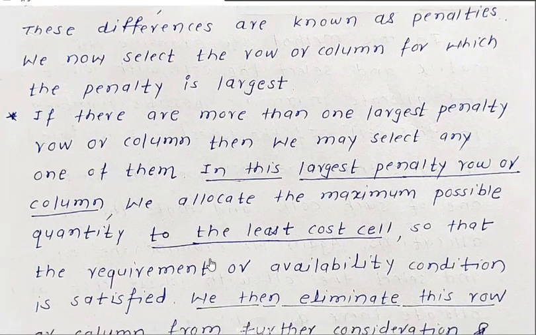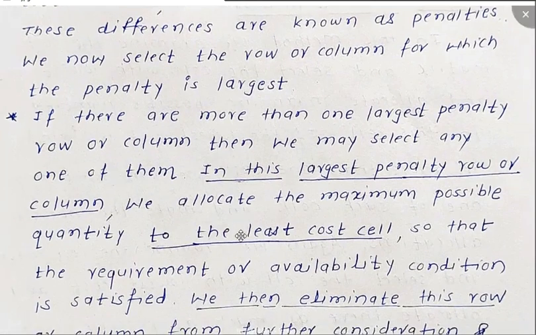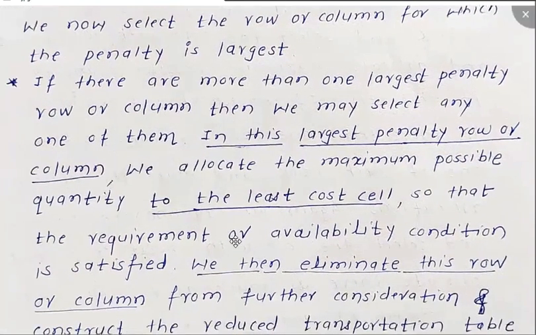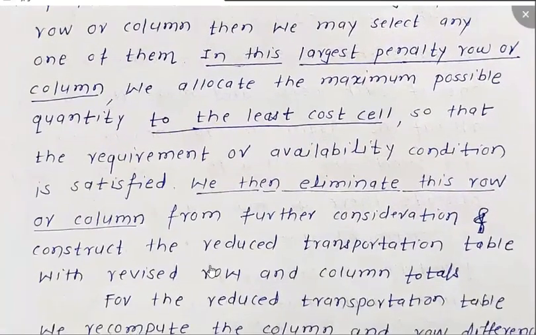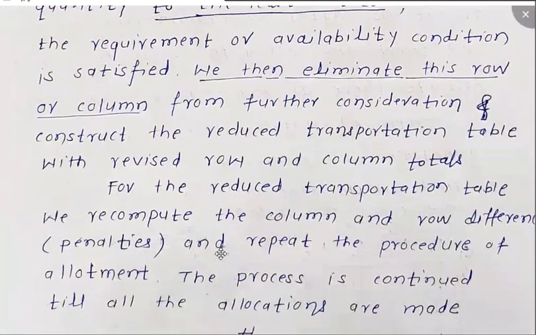Then one row is deleted if the supply is exhausted, or a column is deleted if the requirement is satisfied. We construct the revised transportation table and repeat the process on it. Continue until all the supply is exhausted and all the requirement is satisfied.